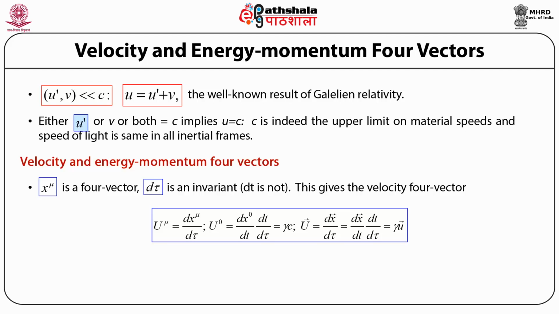Now the velocity vector u is given by the differentiation of the position vector x with respect to the proper time tau, that is dx vector by d tau, and this can then be written as dx vector by dt times dt by d tau, and this is equal to gamma times the velocity vector u.